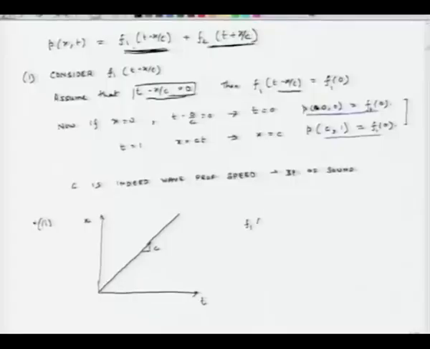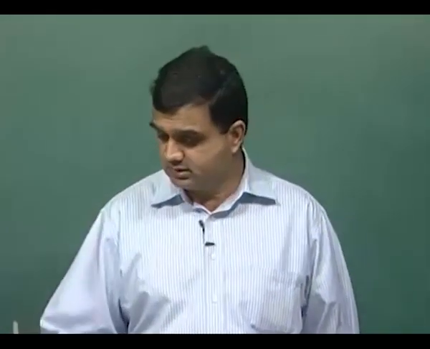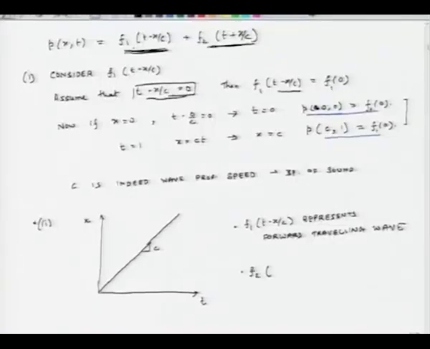So, f1 of t minus x over c represents a forward travelling wave. Likewise, I can argue with validity that f2 of t plus x over c represents a backward travelling wave.